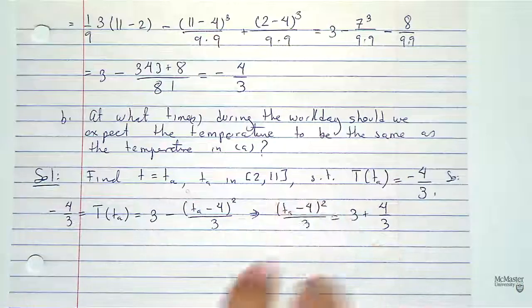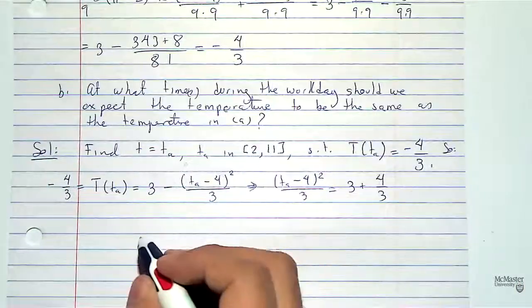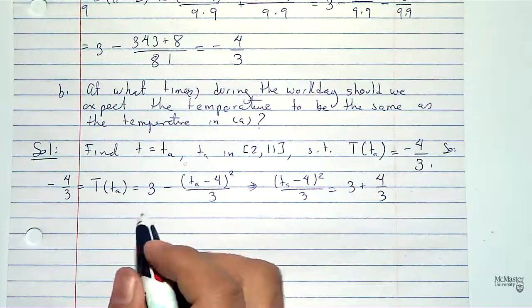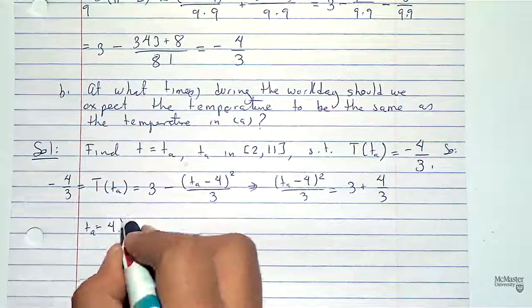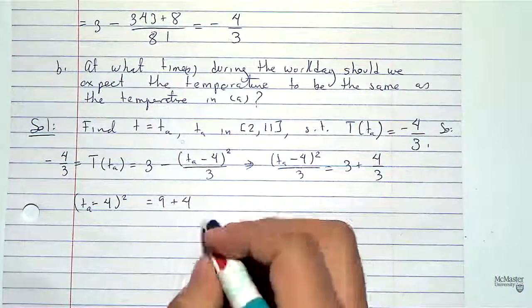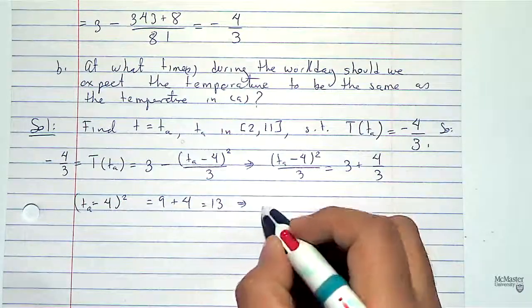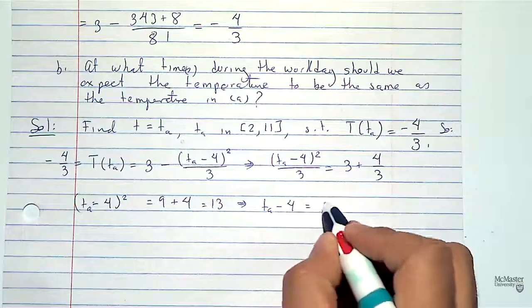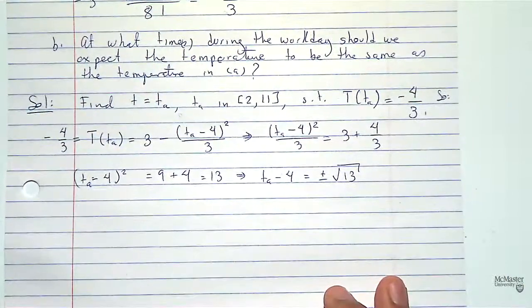You pass to the other side, and then you also do that. So, well, you can actually multiply by 3 too. So you have 9 plus 4. If you multiply everything by 3, this is 13. And then you take the square root.